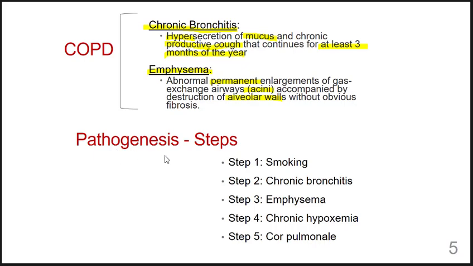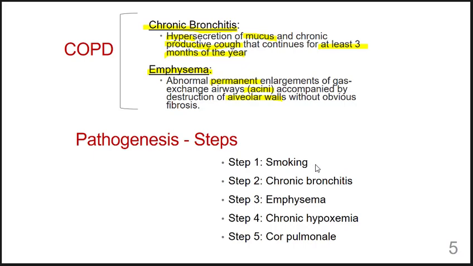So let's have a look at the pathogenesis or the steps of the development of COPD, and then we will break some of this down throughout today's lecture. Step 1 is smoking. So making the decision to smoke is the first step in the development of COPD.